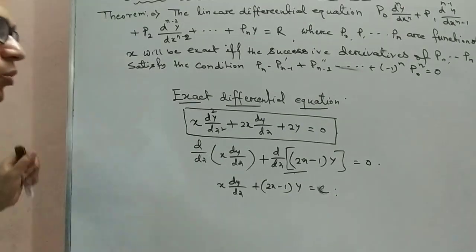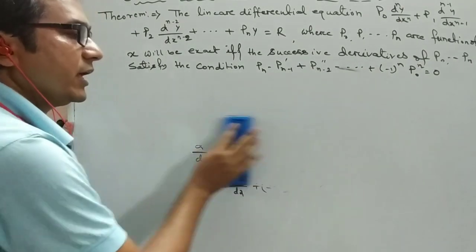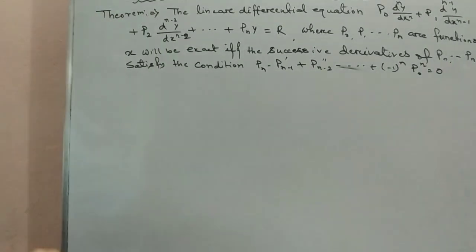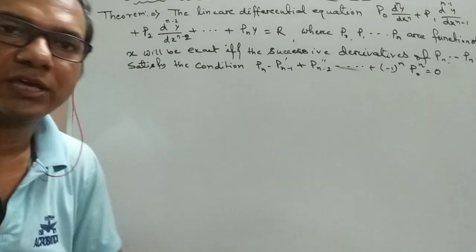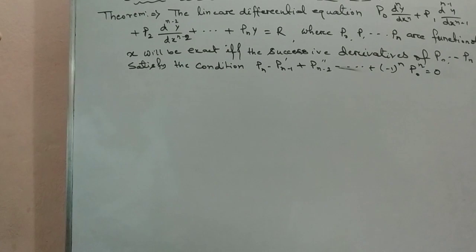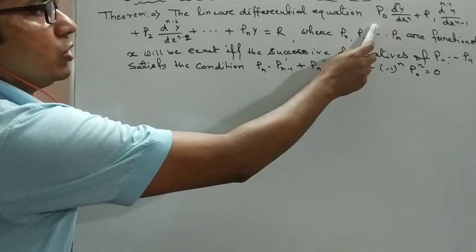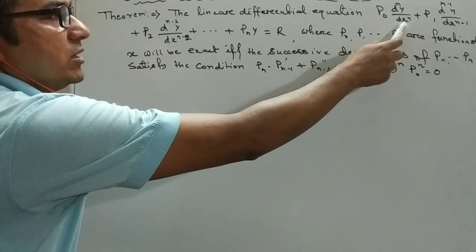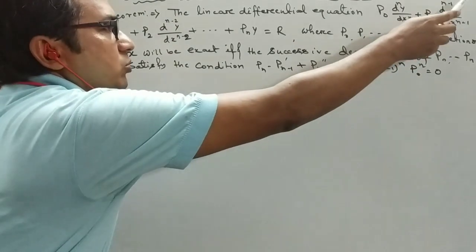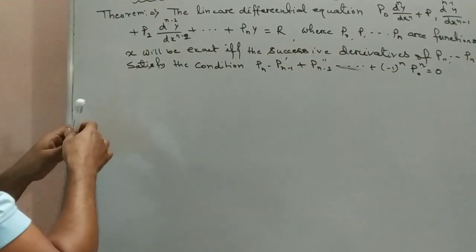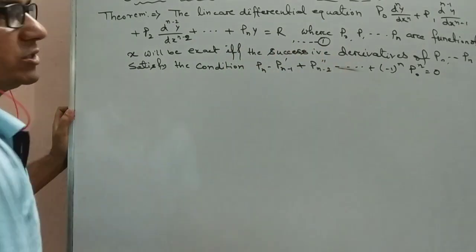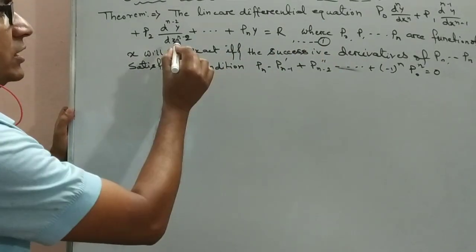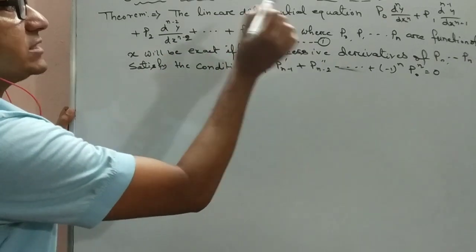Now we state a necessary and sufficient condition that a differential equation of the form P0 d^n y by dx^n plus P1 d^(n-1) y by dx^(n-1) up to Pn y equal to R, named as equation 1, be exact.